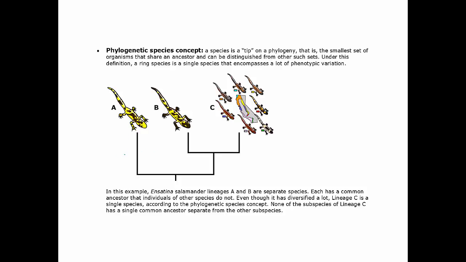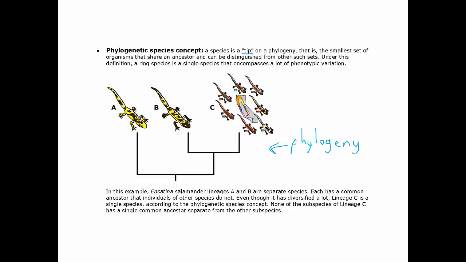This picture here is called a phylogeny, and that is a fancy name to say that you have a family tree. So a species in this case is only at the tip. That is, it's the smallest set of organisms that share an ancestor and can be distinguished from other such sets.